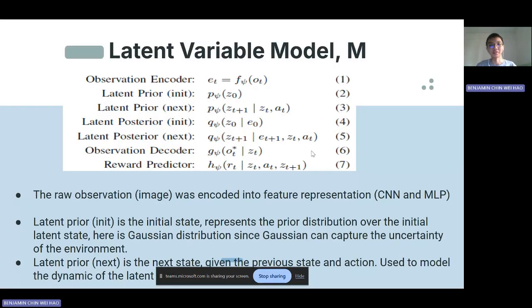So here are some terms used in the latent variable model. The observation, which is an image taken by the sensor, was encoded into a feature representation using a CNN, and then a linear mapping using an MLP to find the output. The latent prior represents the prior distribution over the initial state, and latent prior next is just the next step for the latent prior state.